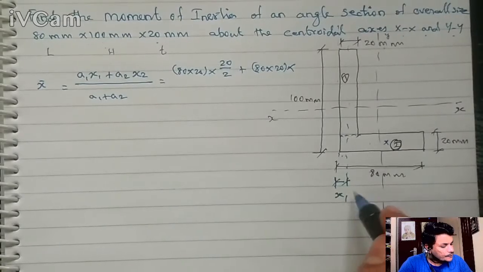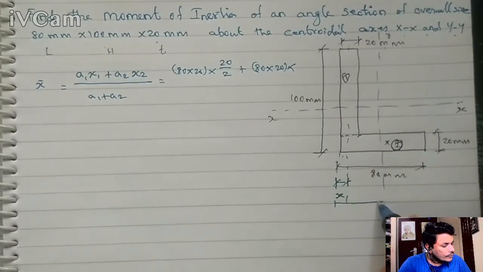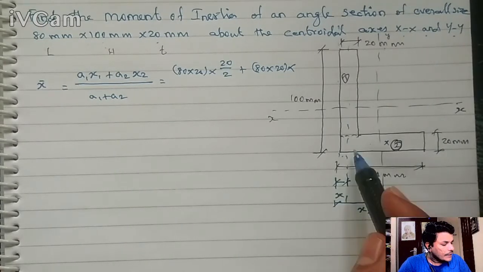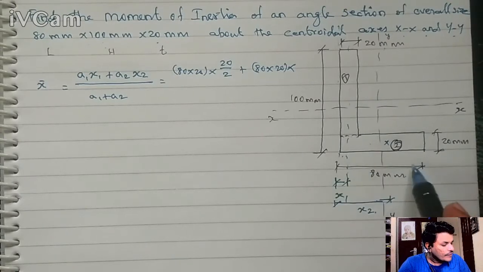This is x2, which is half of 80, that is 40 mm.